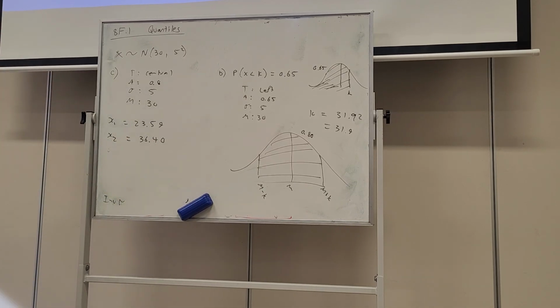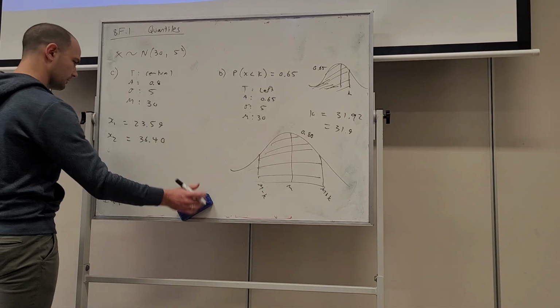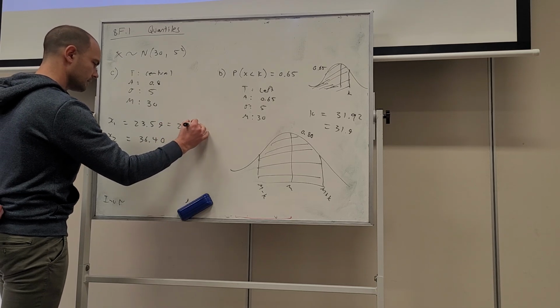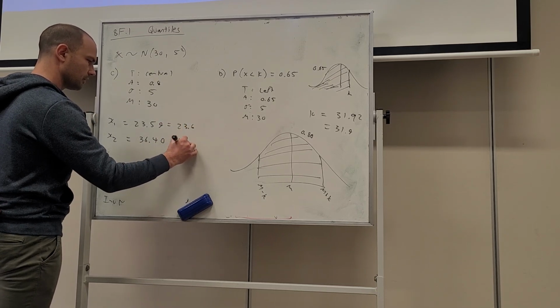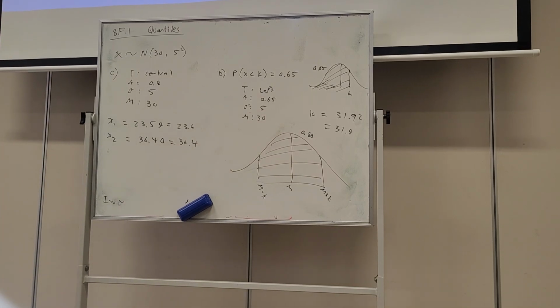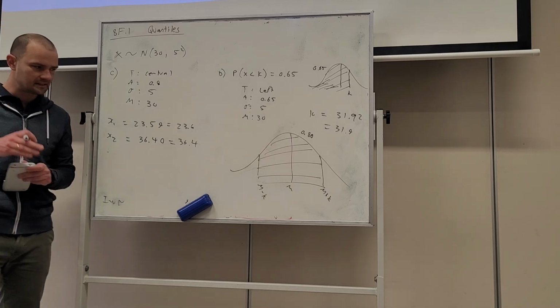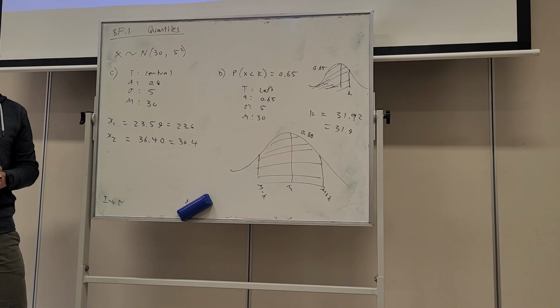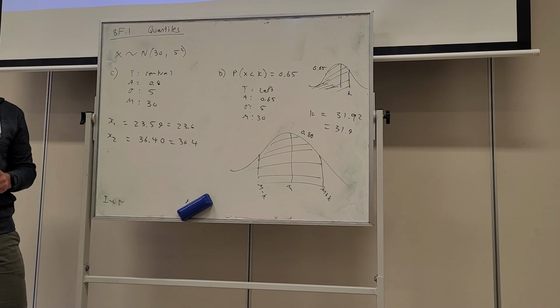Okay, so if I'm going to three figures, let's round them both to three figures. 23.6 and 36.4. Now, what we've done so far is like 2 out of 3 marks. We've got something else that we need to do. We're asked to determine the value of k.